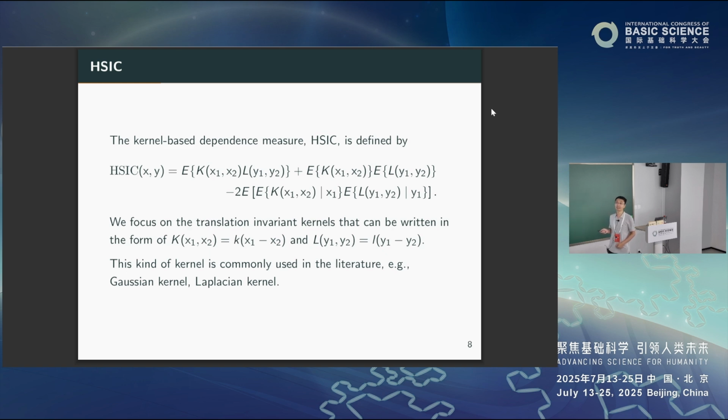The performance of HSIC relies on the choice of the kernel functions. In general, we focus on the translation invariant kernels that can be written in this form. We consider such a choice of kernels because the commonly used kernels are in this form, such as the Gaussian kernel and the Laplacian kernel.